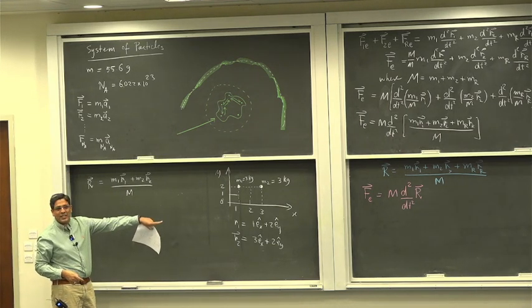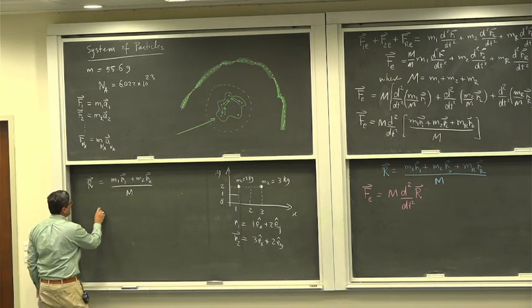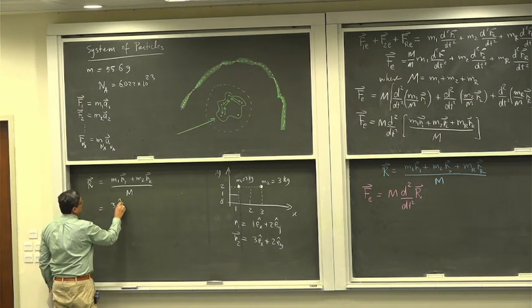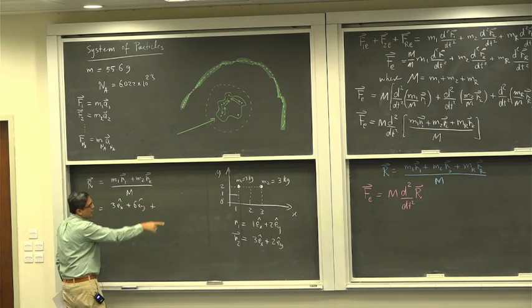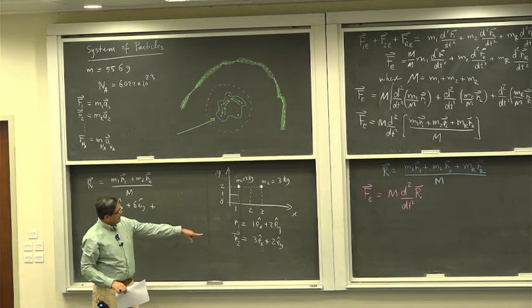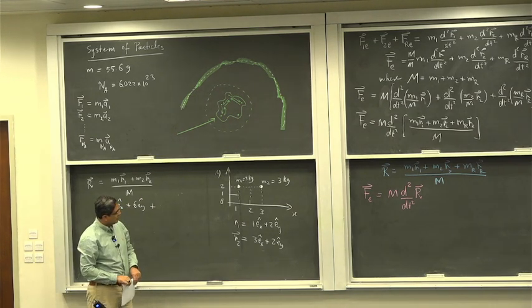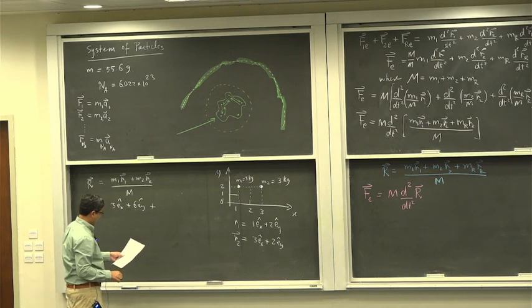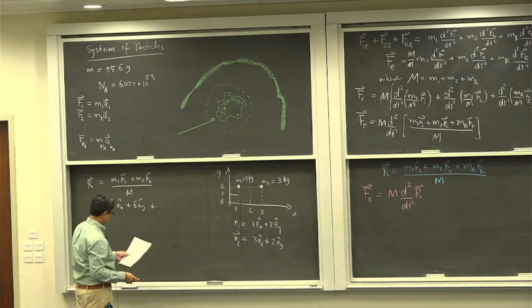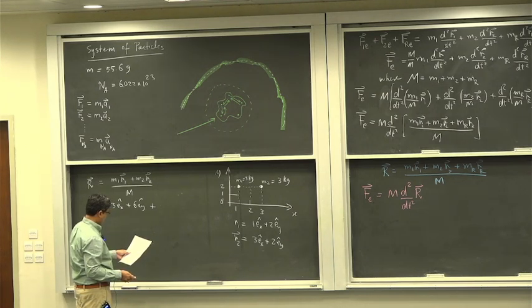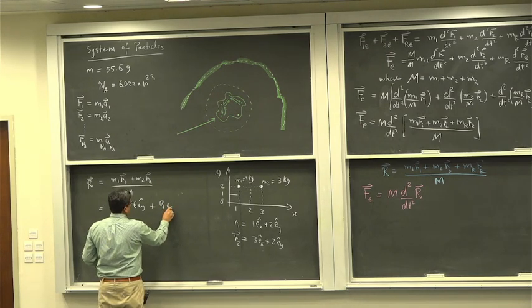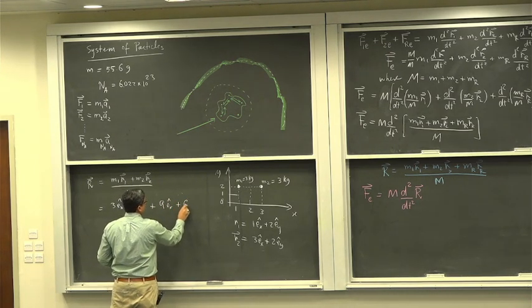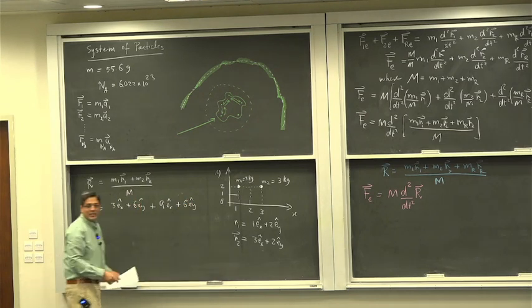So what is M1 R1? 3ex plus 6ey. What is M2 R2? 9ex plus 6ey.